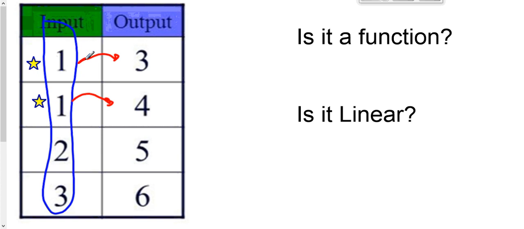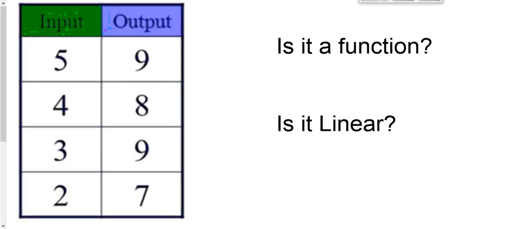The way you can check is if I were to ask you what number pairs with this number 1, there should be no doubt on what number you give me. Since there is doubt, it is not a function. The best part of it not being a function is it's automatically not linear. You have to have a function before you can be linear.